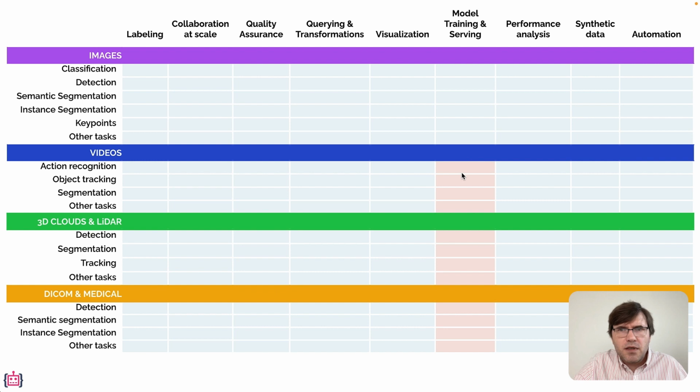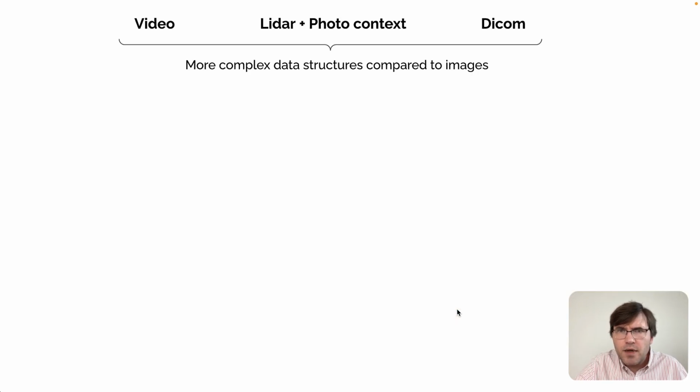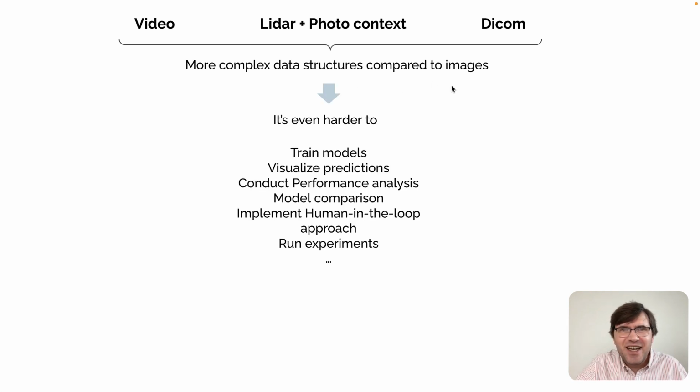Let's speak briefly about other modalities: video, sliders, and DICOMs. The point here is that video, slider, and DICOM are more complex data structures compared to images. It's even hard in this case to train models, visualize predictions, run experiments, and do other manipulations with the models.